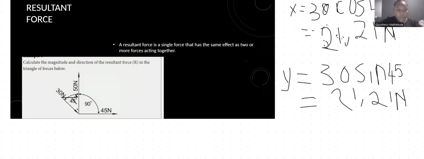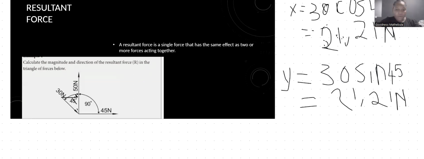Write R squared equals the sum of X squared plus the sum of Y squared, and then you take the square root of both sides and punch in your answers for the sum of X and the sum of Y.